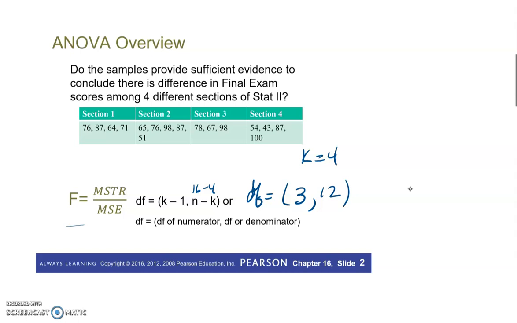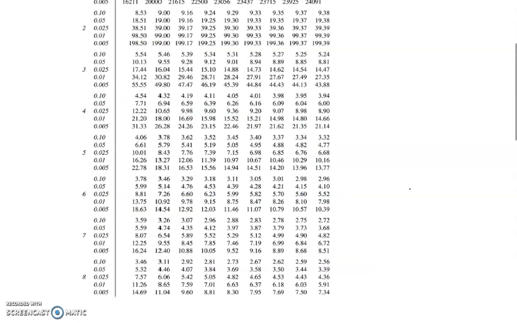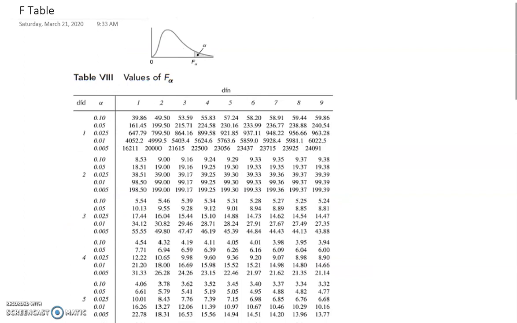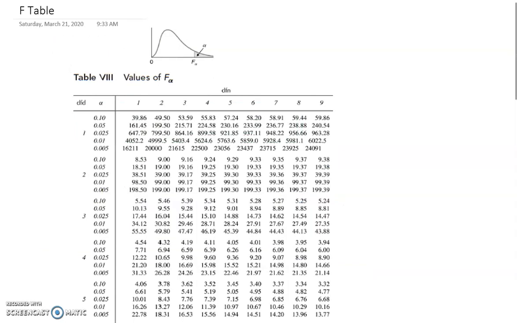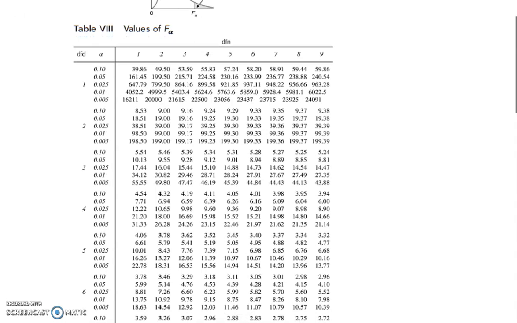So let's go to our F table for a second. You will notice your F table has degrees of freedom of the denominator down the first column and degrees of freedom of the numerator across the top. So, if you recall, our numerator was a 3 and our denominator was a 12. So when you go to your F table, you go across to 3 and go down.